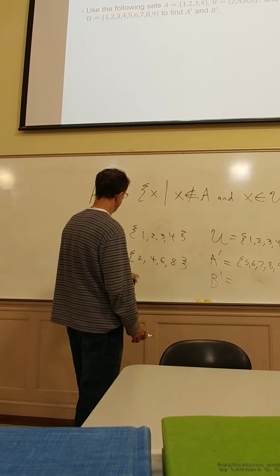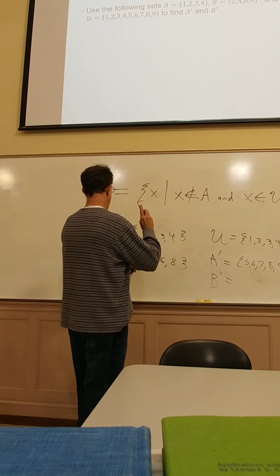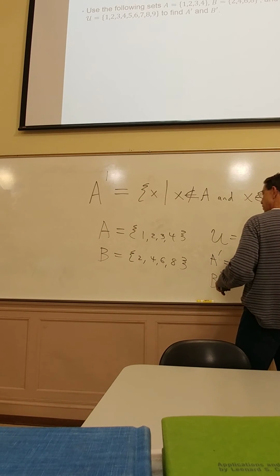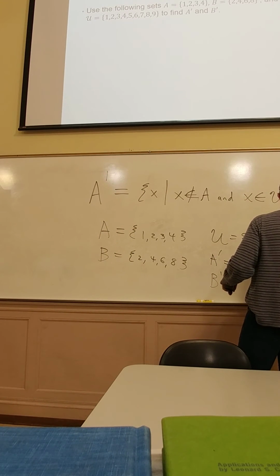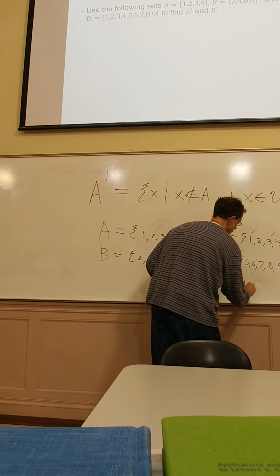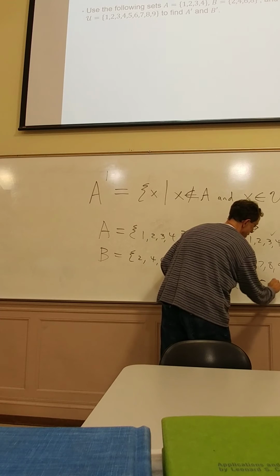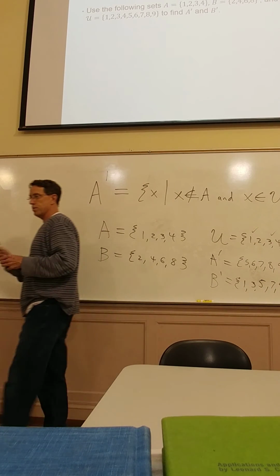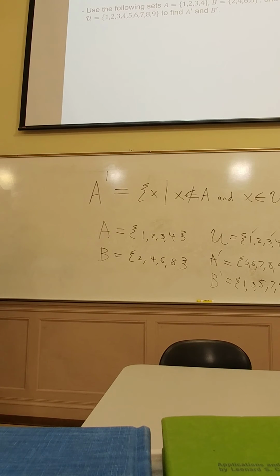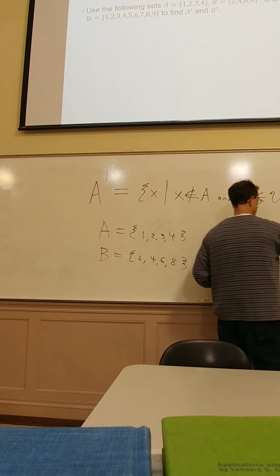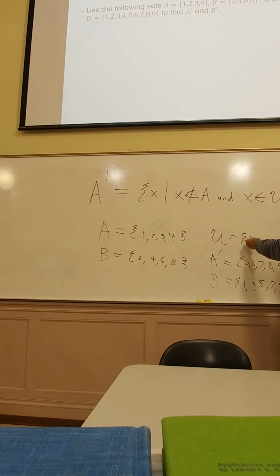So B, if we look at the set 2, 4, 6, 8, well, what's the complement? It will be 1, 3, 5, 7, and 9, because that's everything that's not in B that lies in U. So basically, you can imagine just pulling those elements out.